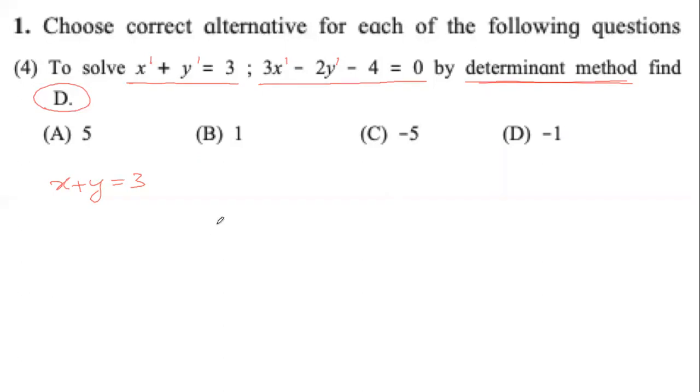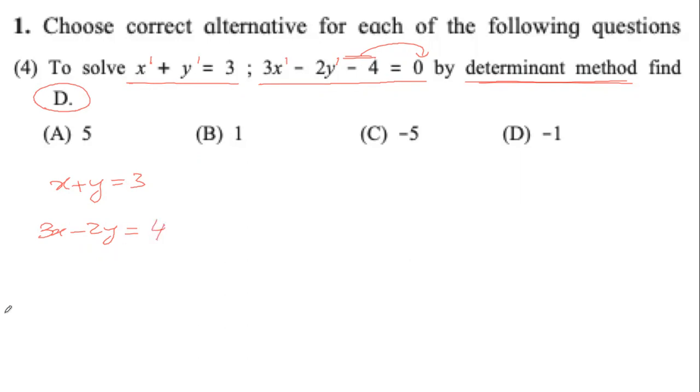But if you look at equation number 2, minus 4 is a term without a variable, but it is on the left hand side. We will have to take it to the right hand side. So when we do that, the second equation becomes 3x minus 2y equals to, when minus 4 goes from left to right, it becomes plus 4. So 0 plus 4 is 4.